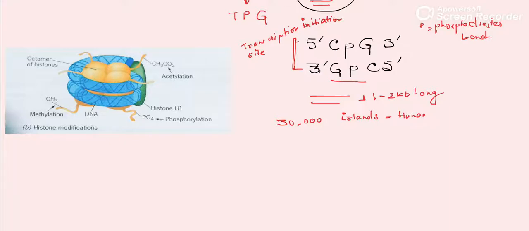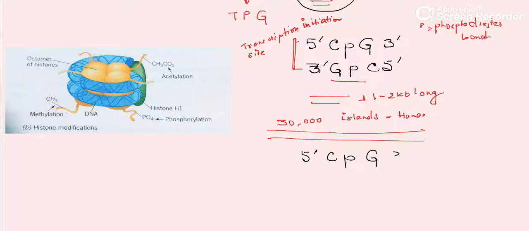So methylation is a very important thing. Generally, CpG islands are at the initiation of the transcription site. Firstly, I want to draw one thing; my discussion may be long.